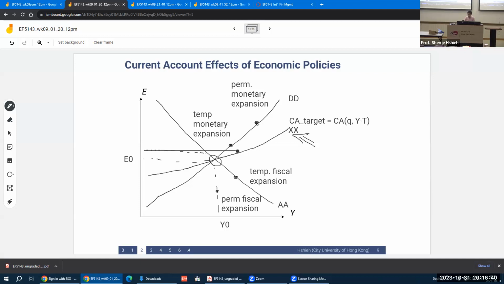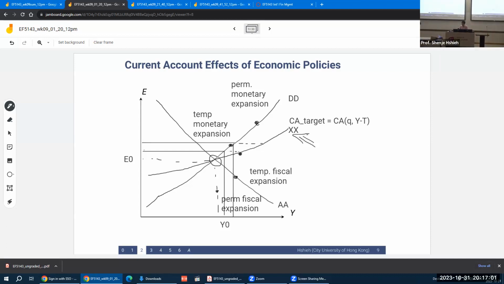Maybe just draw a straight line. Here versus here, and then versus here versus here. And you can see the change in Y, right?